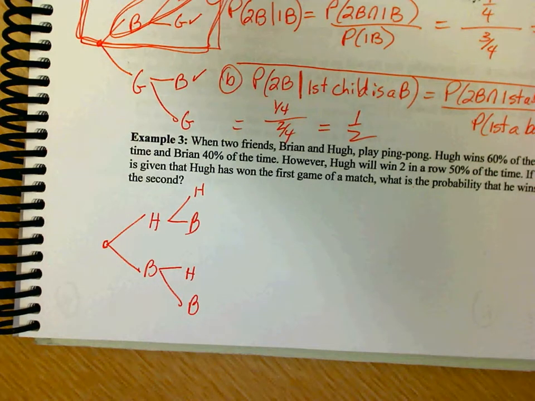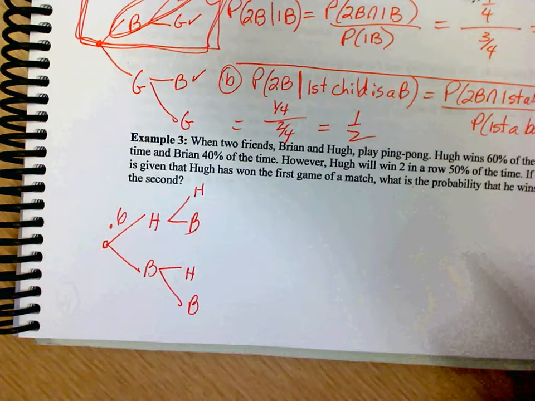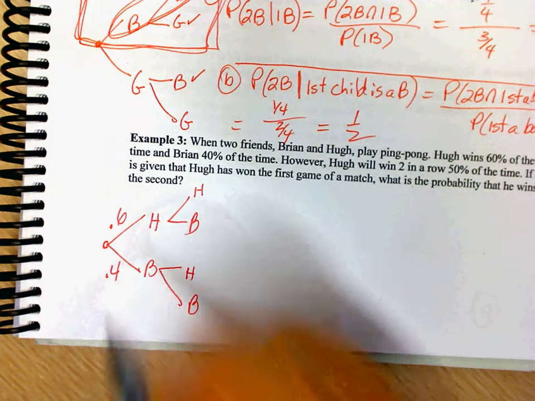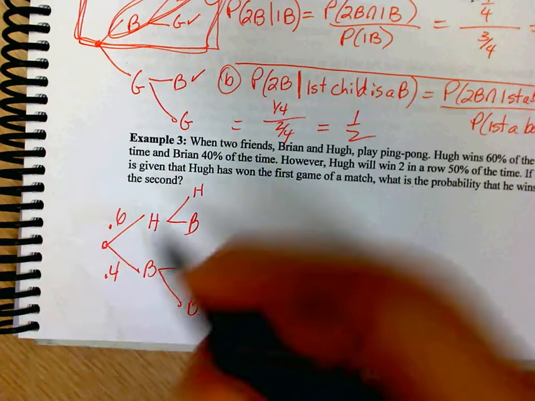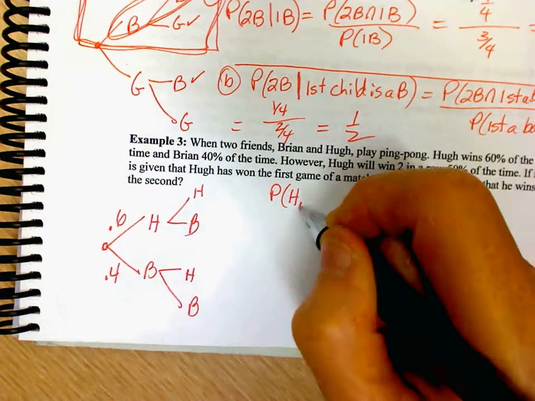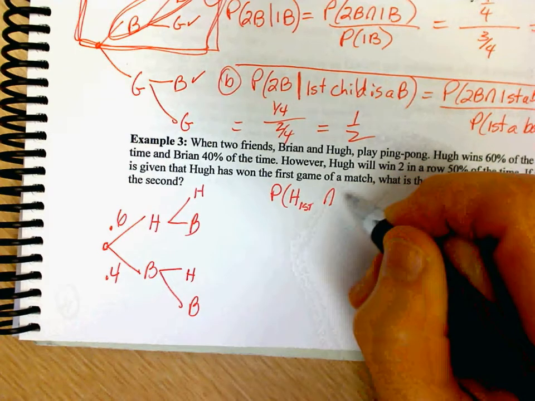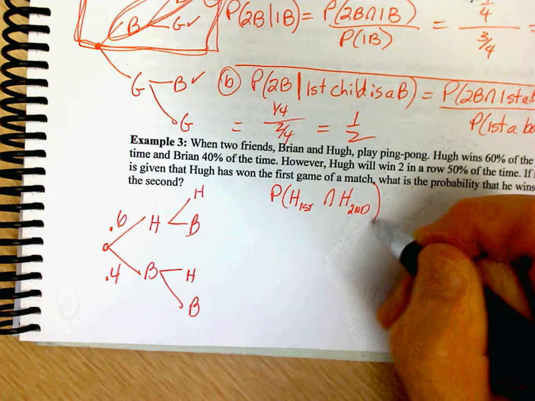Okay. All right. When they play ping pong, Hugh wins 60% of the time, and then Brian wins 40% of the time. However, Hugh will win 2 in a row 50% of the time. So what they're saying is the probability Hugh wins first, intersection Hugh wins second, is equal to 0.50.